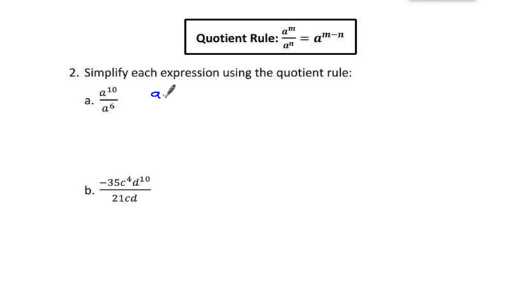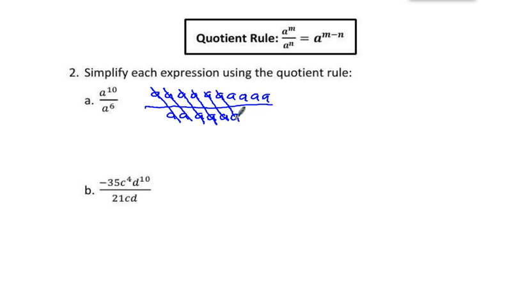A to the 10th, a times a, 2, 3, 4, 5, 6, 7, 8, 9, 10 a's divided by a to the 6th. 1, 2, 3, 4, 5, 6. And if we divide now like terms, a divided by a, or the common factors, a divided by a is 1, a divided by a is 1, a divided by a is 1.